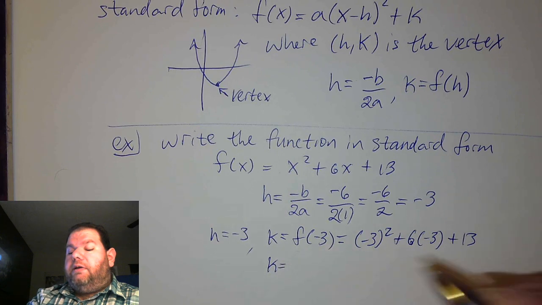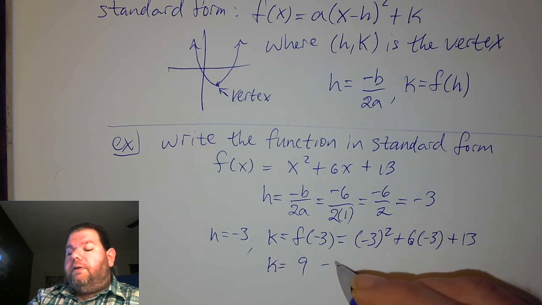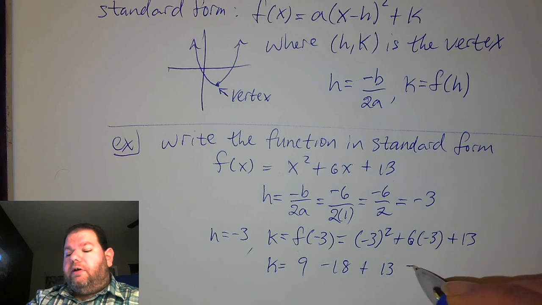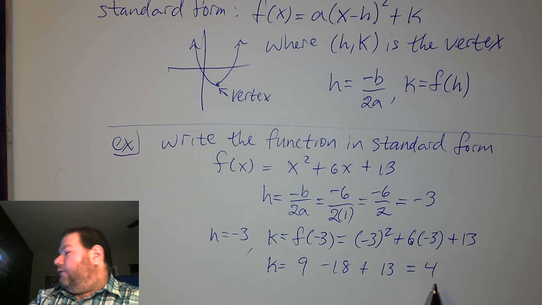So we get k is 9 minus 18 plus 13. 9 minus 18 is negative 9. Negative 9 plus 13 will give us a positive 4. So we get a value of k equals 4.